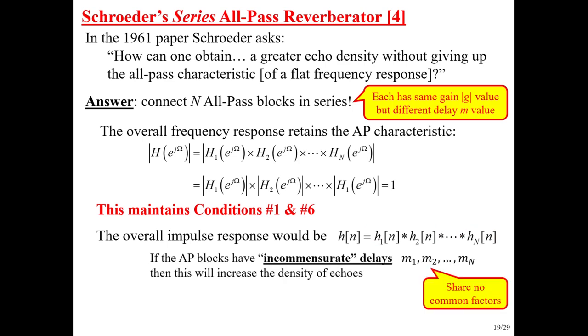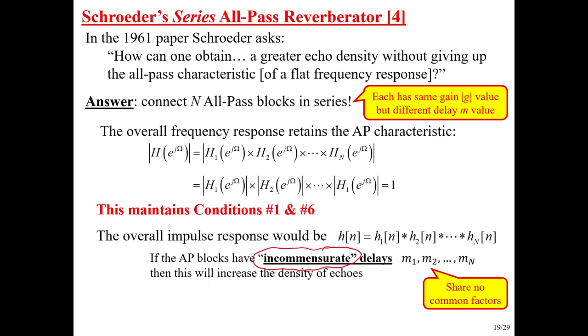And so here's the deal. If we choose all the M sub i's, we said they're all different delay values. So each one of these blocks will have a different M value. So I've just denoted them as M1, M2, all the way out to M sub n. And Gardner and maybe Schroeder also use the term incommensurate.